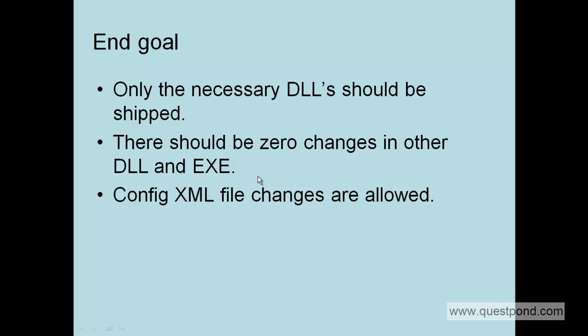In the current architecture, we are changing the concerned logic in the DLL, and also the factory DLL. So we want to get rid of that factory class. And the third one is, the configuration should be via XML files, or some kind of app.config.